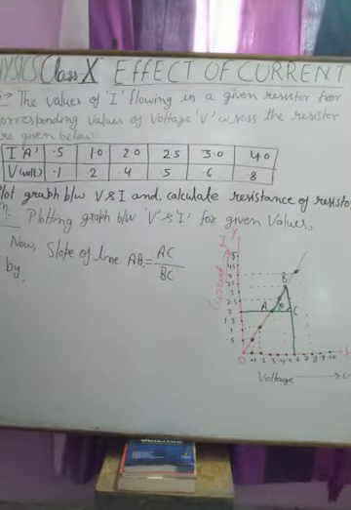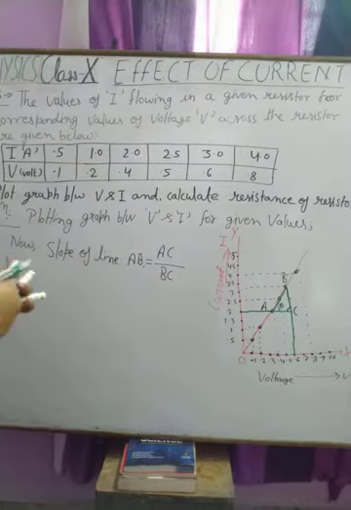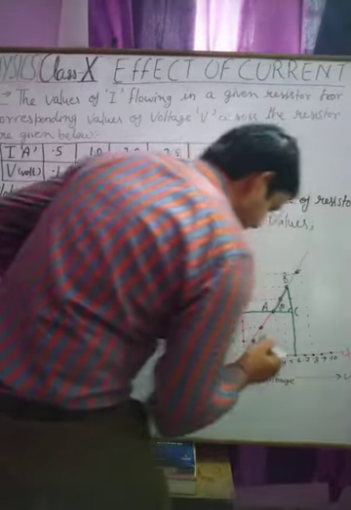Okay, now we are calculating the values of AC and BC by using some other points.